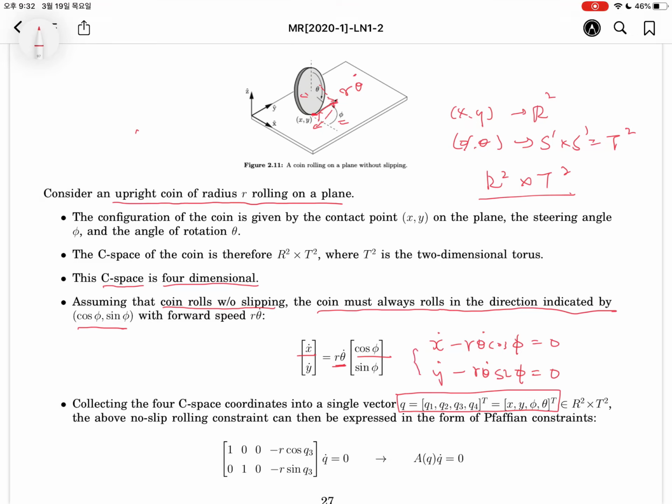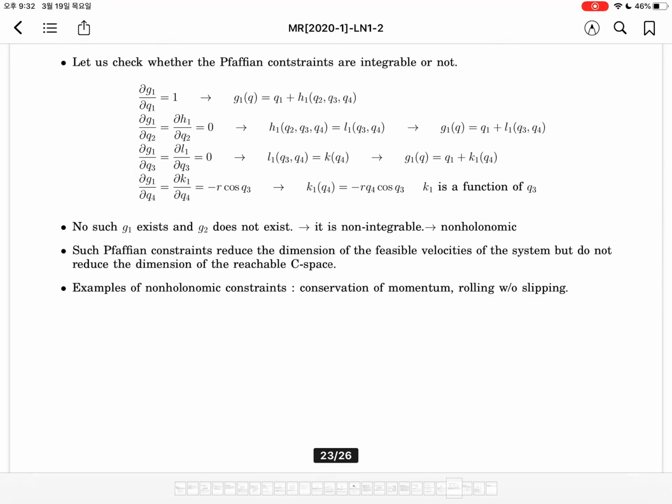Then let's denote these two g1, g2 equations using the q variables. Then we have this equation. It means the first element is round g1, round q1. This is round g1, round q2. Like this, we can assign every element as a differentiated form.